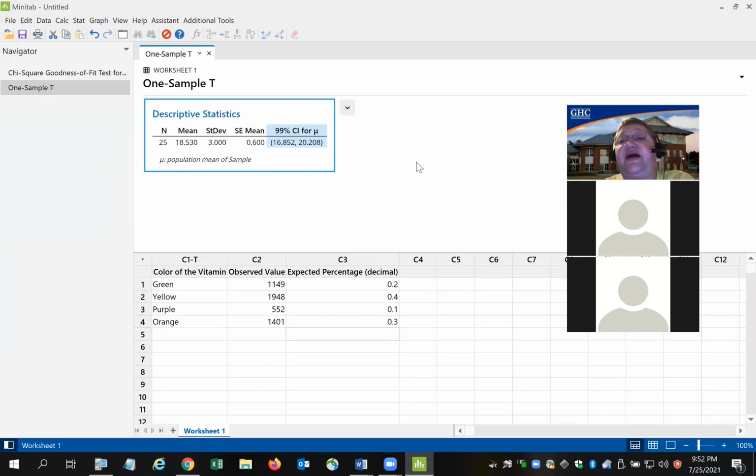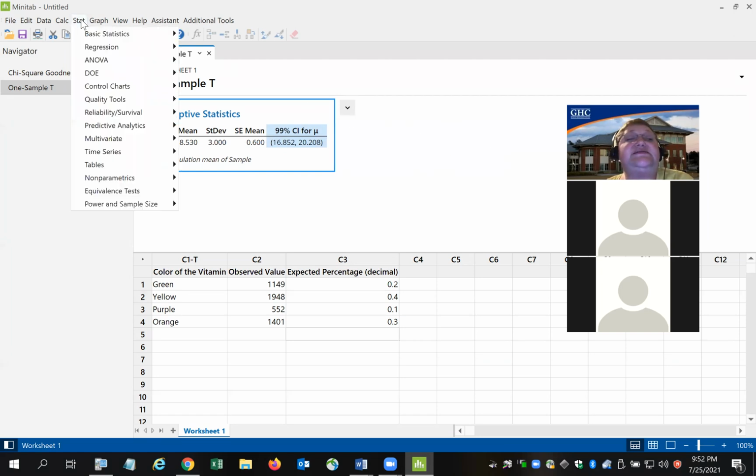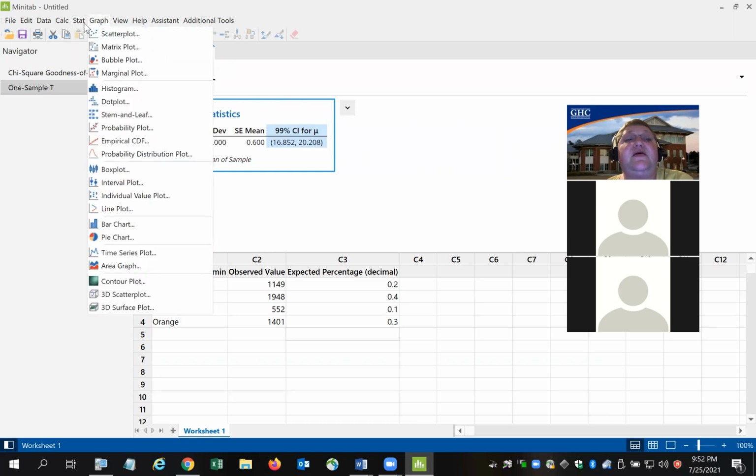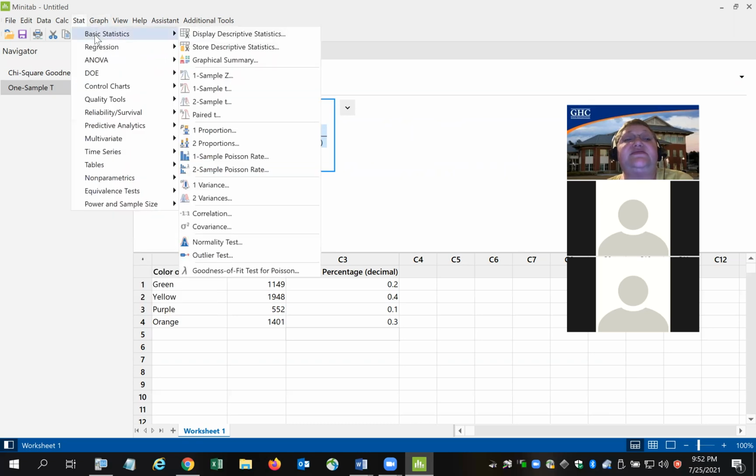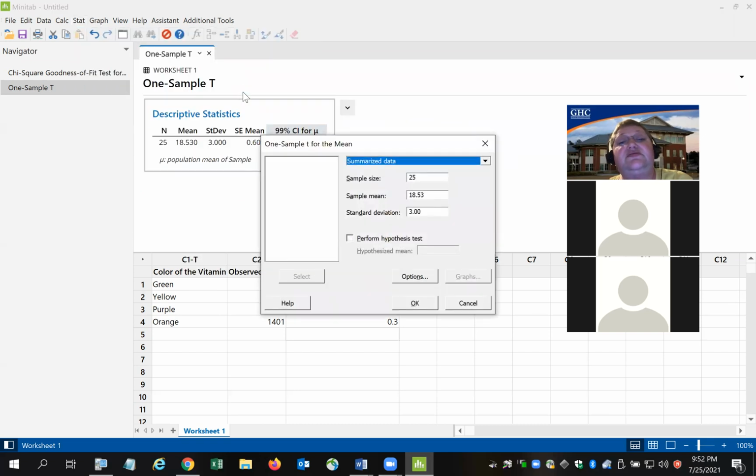Okay, Farinja, I'm going back through the keystrokes again. Stat, basic statistics, one sample T, because we were doing a T interval. It originally comes up as one or more samples. I don't have the raw data.